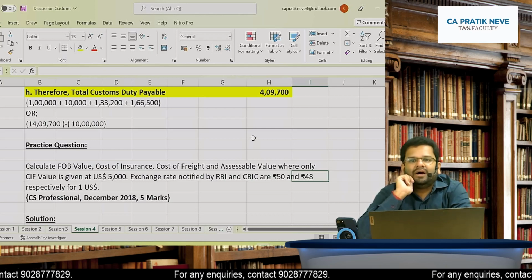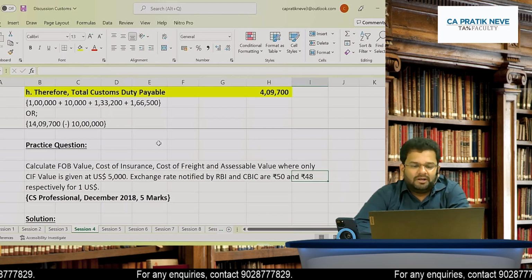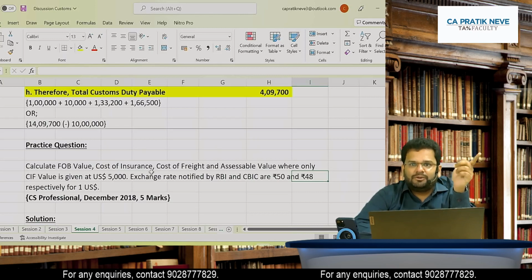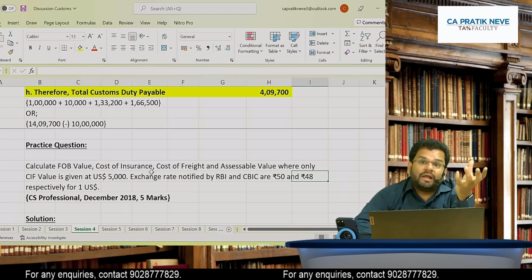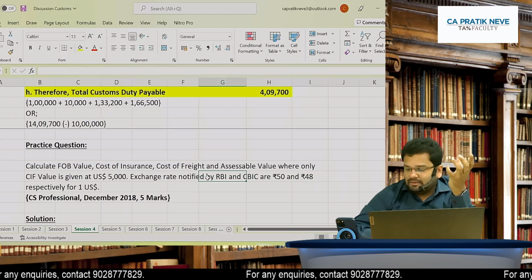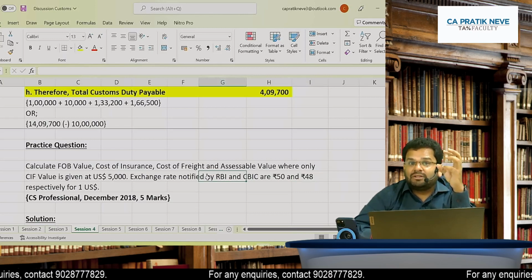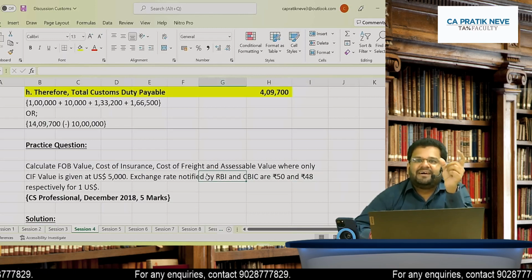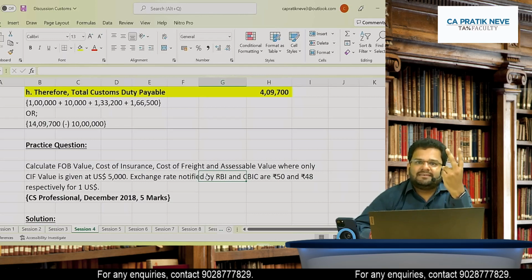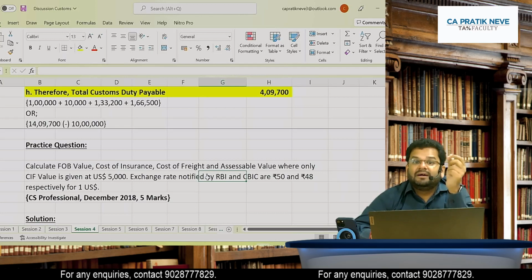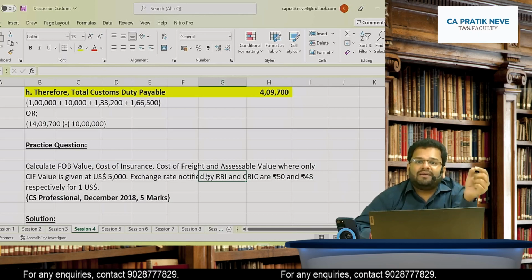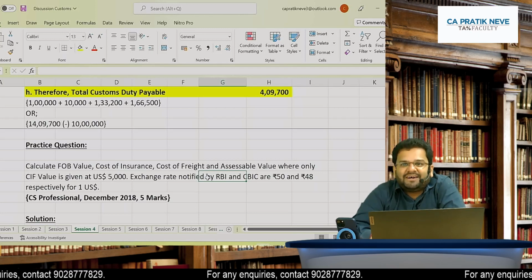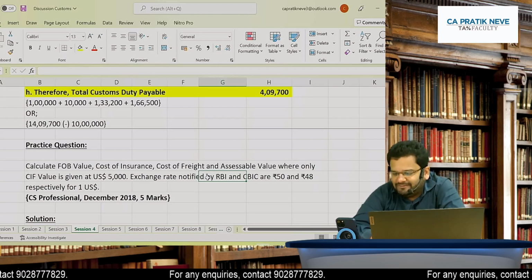Yes. Now what you do is very simple. 2,40,000 becomes your CIF slash assessable value. How have you reached that 2,40,000? If you assume FOB to be 100, then your transport will be 20% of FOB, and insurance will be 1.125. So can I say 121.125 will be your FOB plus transport plus insurance?